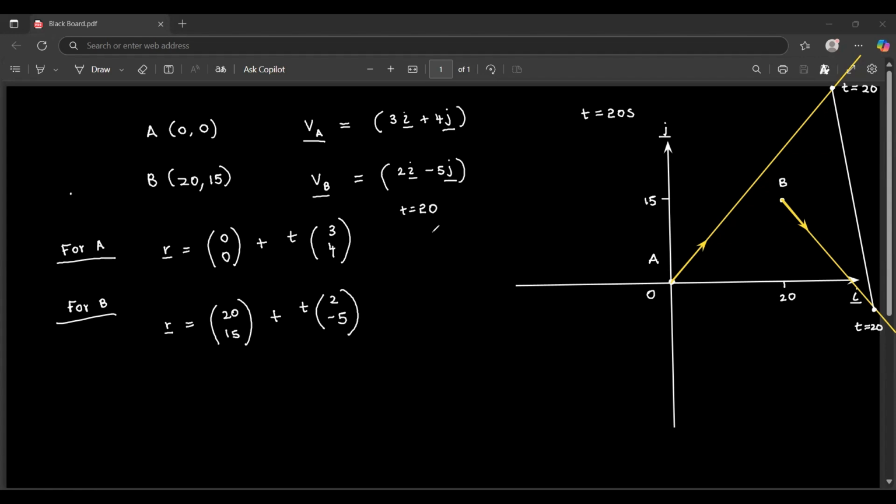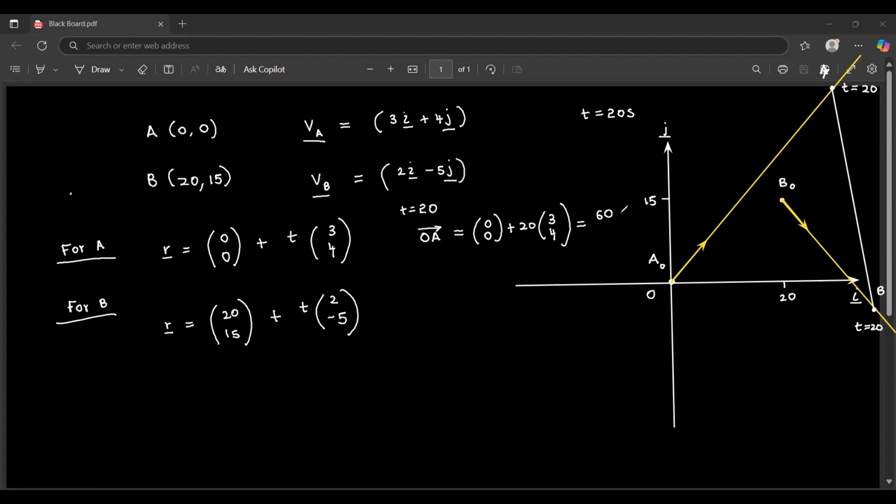the position vector of A will be, let's say, OA. So this is A0, this is B0, and this is A, and this is B. OA will be equal to (0, 0) plus 20 times (3, 4), which is equal to (60, 80).